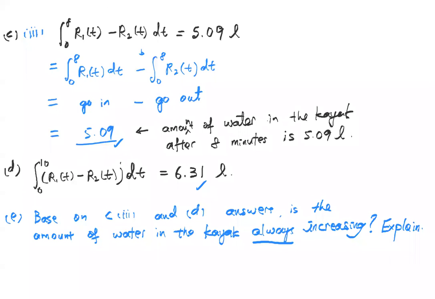Can you please sketch both the graph for r1 and r2? This is my r1(t), because the limit is, okay, wait, I draw it. Your r1 goes like that.